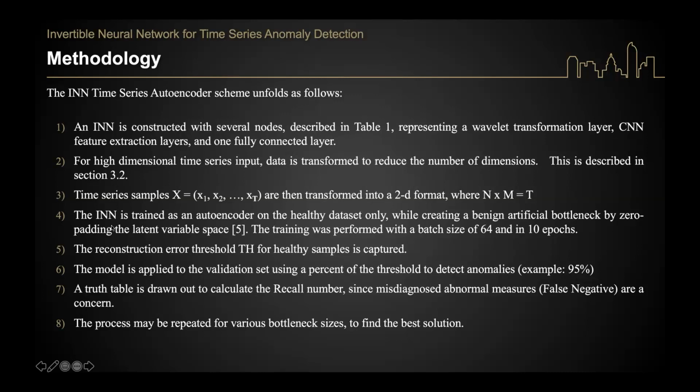Then the INN was trained as an autoencoder. You saw the diagram where this artificial bottleneck and the zeroing of the latent space sampling happened. And then the reconstruction error threshold for healthy samples was captured.